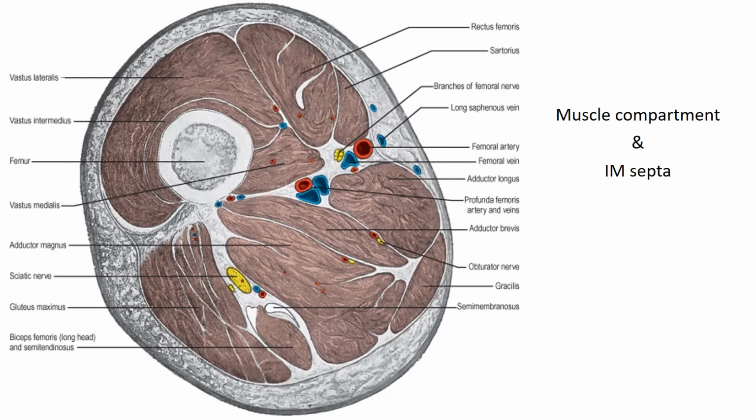This is how the compartments are divided. You can see here, this is the anterior compartment, then this is the medial or adductor compartment, and this is the posterior compartment. There are two intermuscular septa: the medial intermuscular septum and the lateral intermuscular septum. Obviously, the lateral one is much thicker and more easily appreciated.